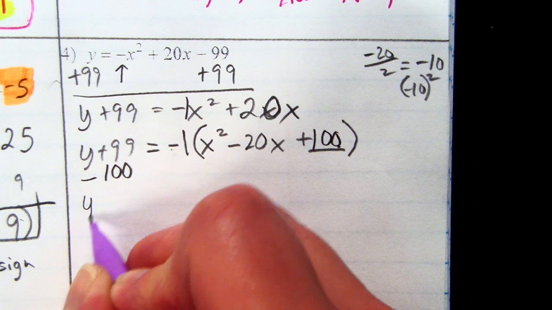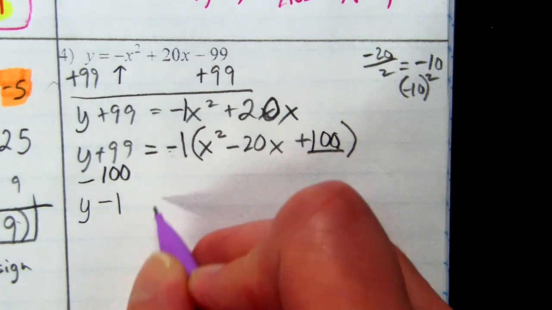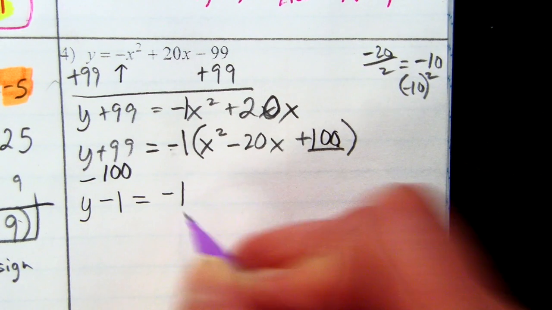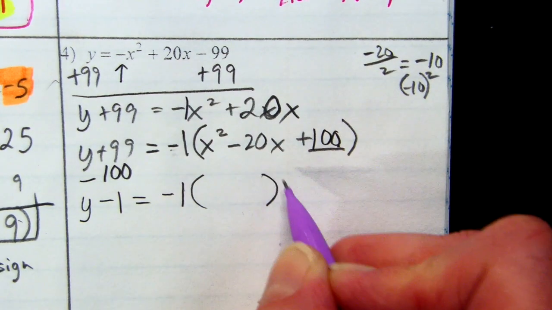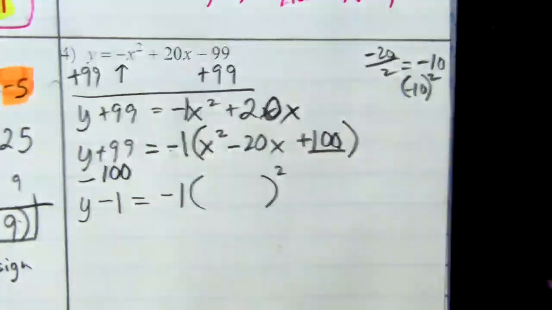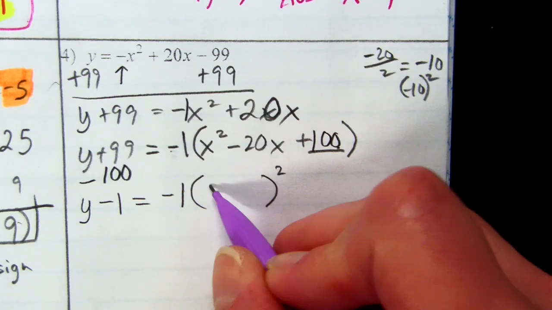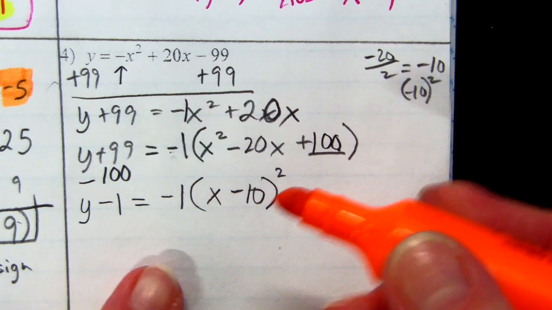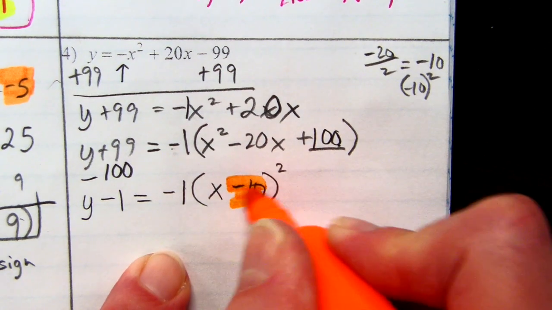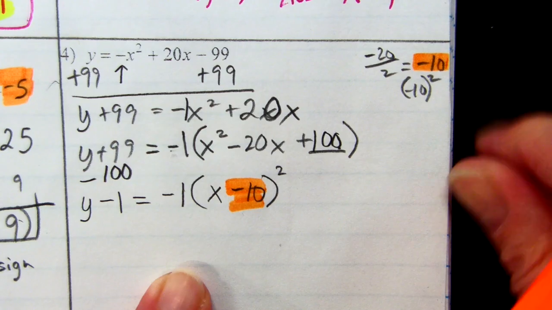So this is only going to be y minus 1. This -1 is still just kind of shoved to the side. And I'm going to factor this into that nice little perfect square. So x minus 10. And just to review, I'm getting the -10 from that minus 10 when we divided.